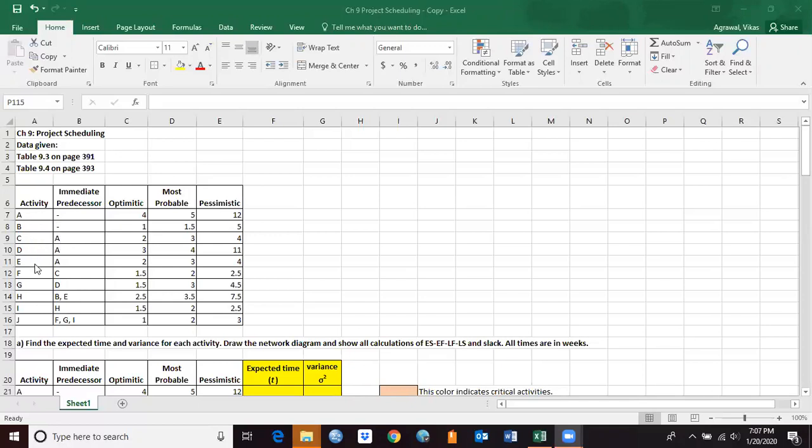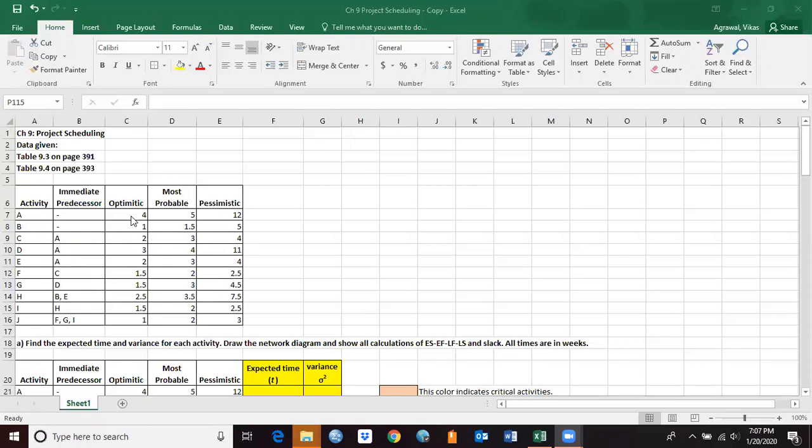So we have been given activities and immediate predecessors, and then these activity times are uncertain. So we have been given optimistic time, most probable time, and pessimistic time. If this data is in weeks, for activity A the most optimistic time is 4 weeks.